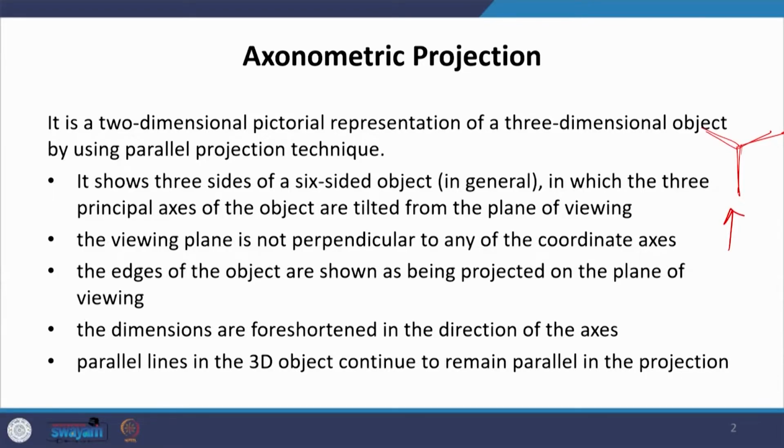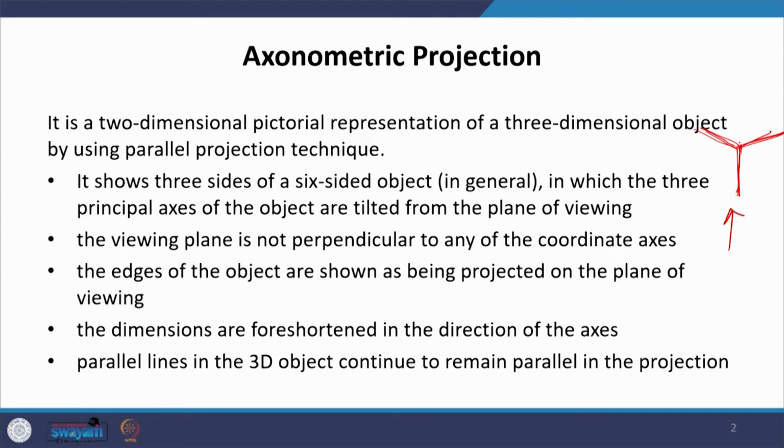So, it was at a different angle from the 3. Then we were looking at the edges of these objects as being projected on the plane of viewing. All these edges are being projected on the plane of viewing, which is why we see them as parallel to the coordinate axes, but very distinct as edges here.